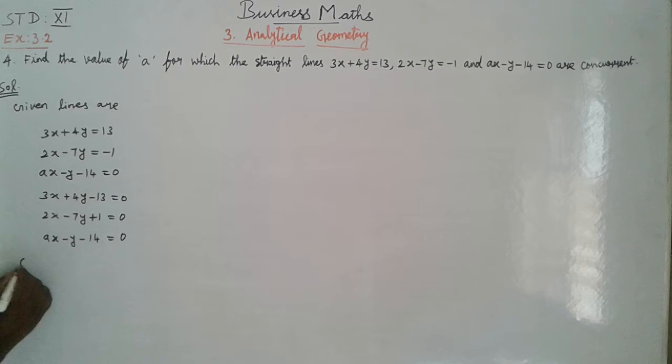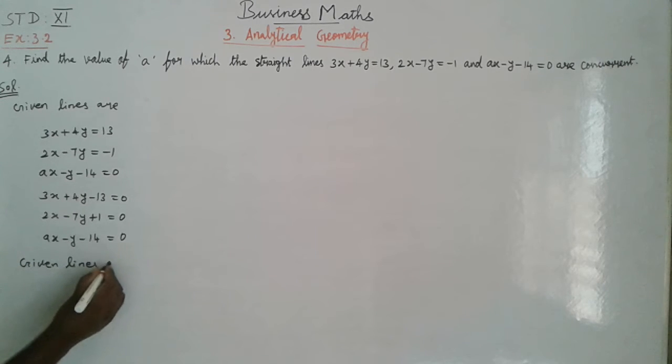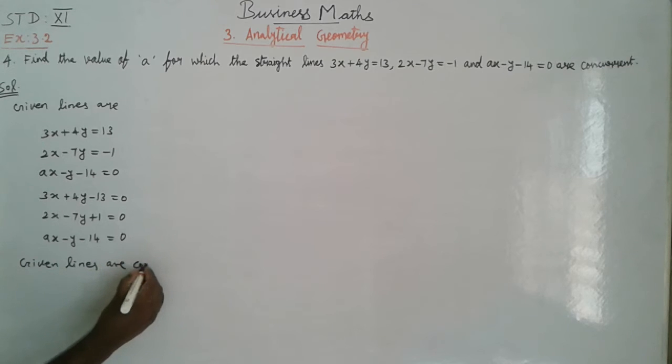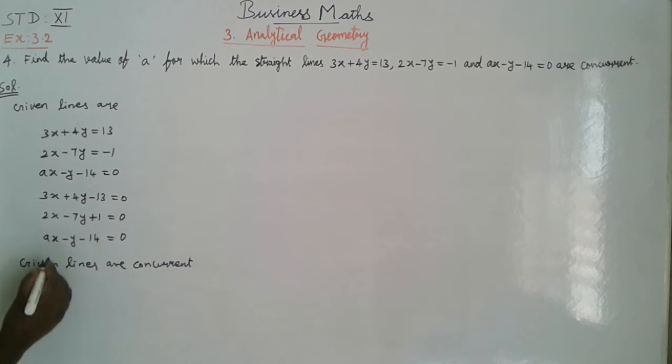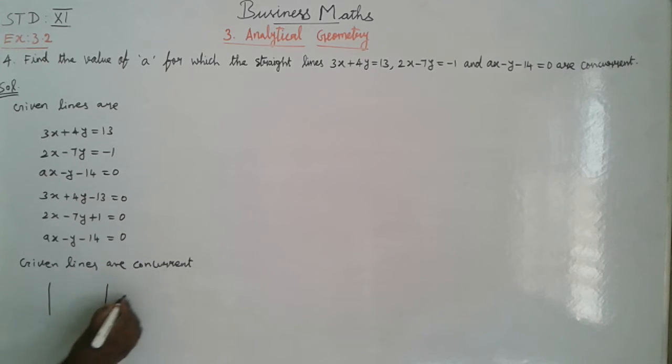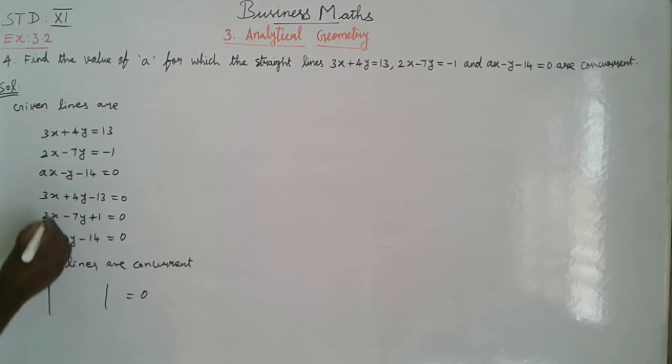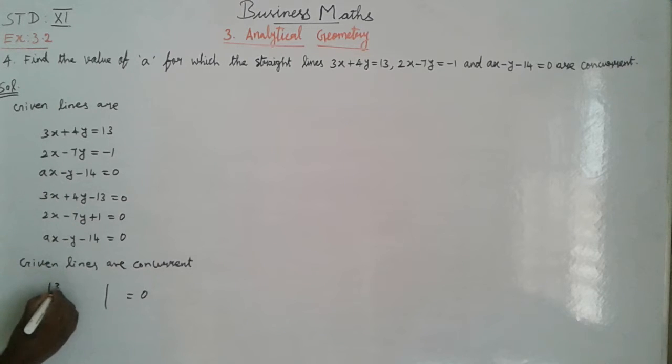Here the given lines are concurrent. Then the determinant value is equal to 0. So the determinant is: 3, 4, -13; 2, -7, 1; a, -1, -14.